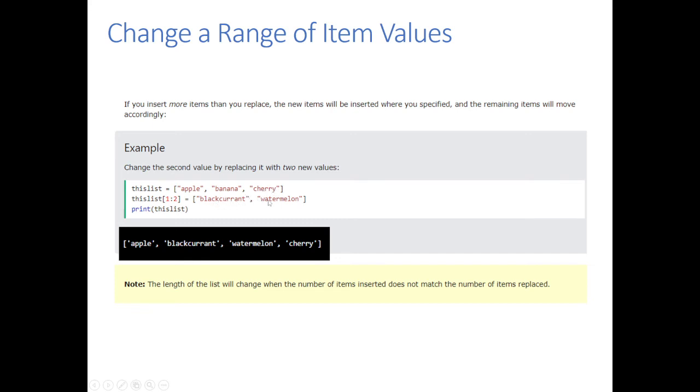We have 2 values here, and since 1 to 2 is only a single value, that will add watermelon. So you notice here, apple, blackcurrant, watermelon was inserted before cherry. The length of the list will change when the number of items inserted does not match the number of items replaced. So take note of this.